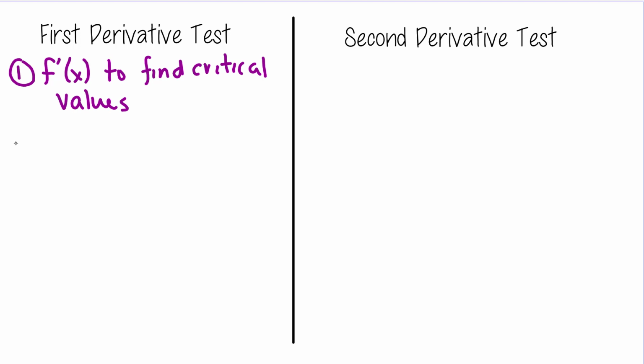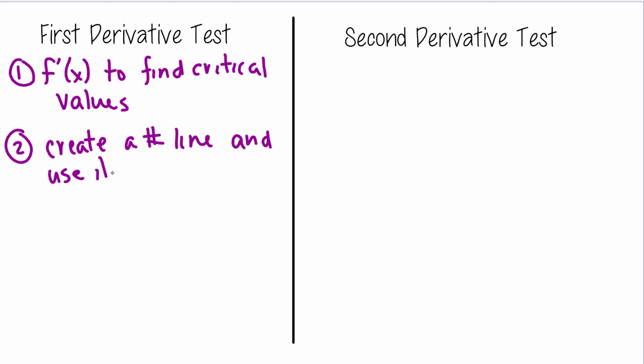Once you find that, then step 2 for the first derivative test is to create a number line and use it to determine the sign of f prime before and after the critical values.